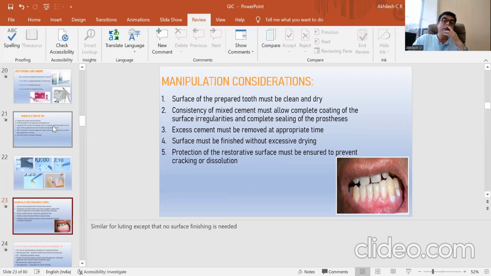Number three, the excess cement should be removed at appropriate time. Next point, surface must be finished without excessive drying. And the last point is protection of the restorative surface must be ensured to prevent cracking and dissolution.